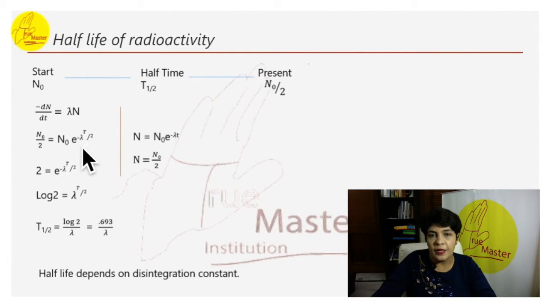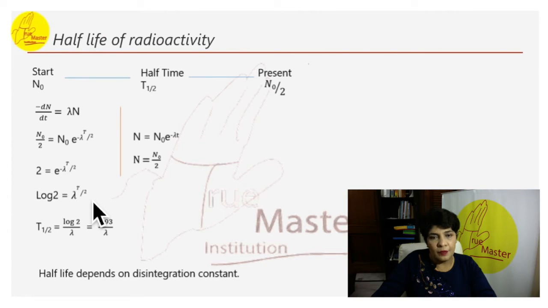If we take 2 here, we can say 2 equals N naught, and N naught gets cancelled from the left and right sides. We are left with 2 equals e to the power lambda t by 2. Or we can write log 2 equals lambda t by 2.